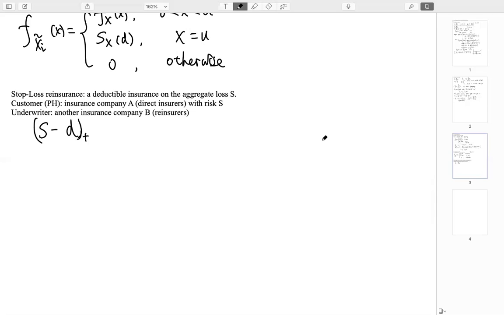We have seen this type of question many times, so I don't think it's necessary to analyze this. We have the standard formula. For instance, we know this is the survival function of S, integrated from d to infinity. This is a useful formula we usually apply, or you can apply the definition directly if you prefer.